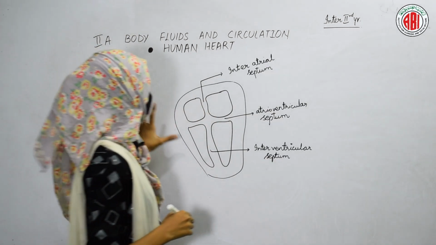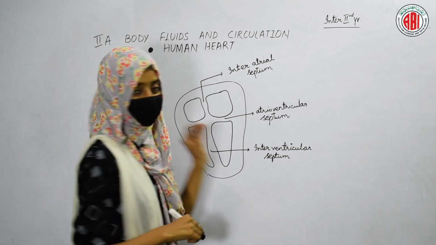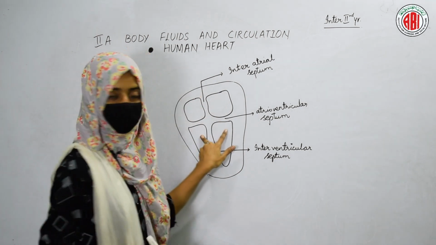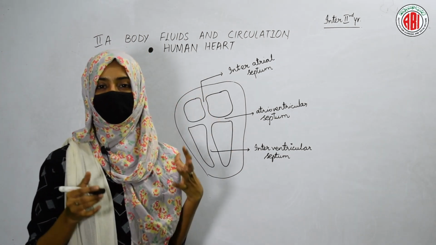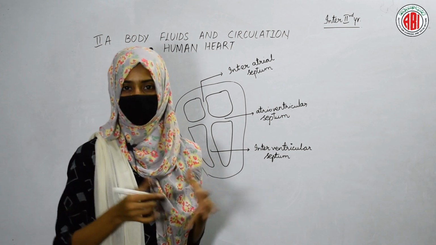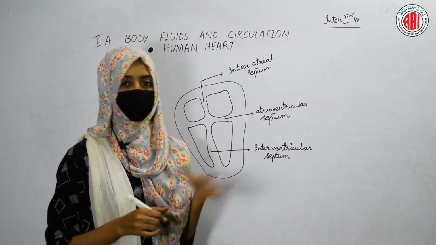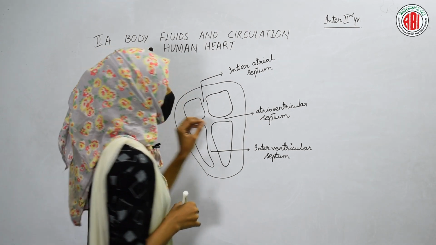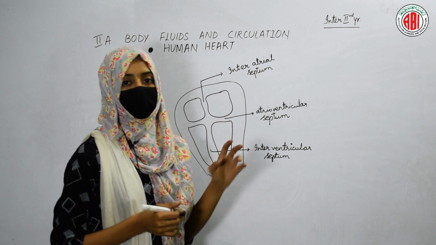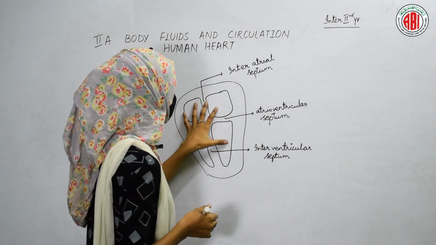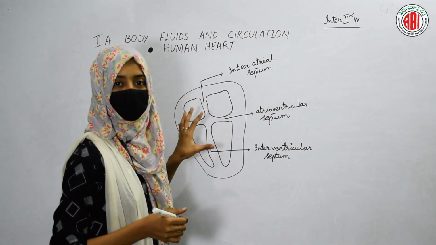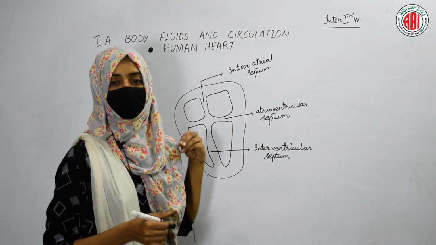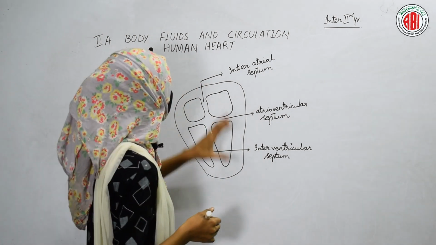So here is a rough diagram of our heart, where you can find 4 chambers again, 2 atria and 2 ventricles. Are all the 4 chambers present in a merged manner, or are they separated? They are present in a separate manner, right? So they are separated by some division. They are divided into 4 chambers, and some space is present in between these chambers, and that division is named by different terms.